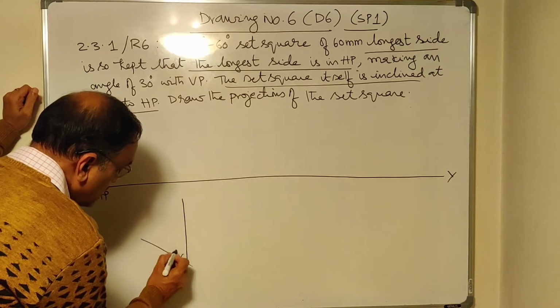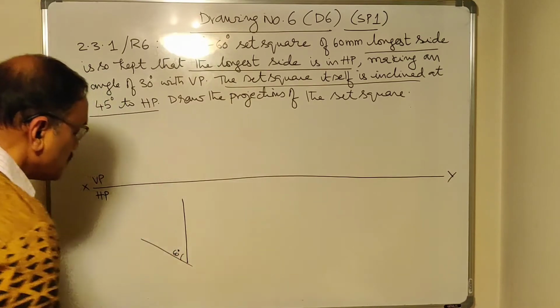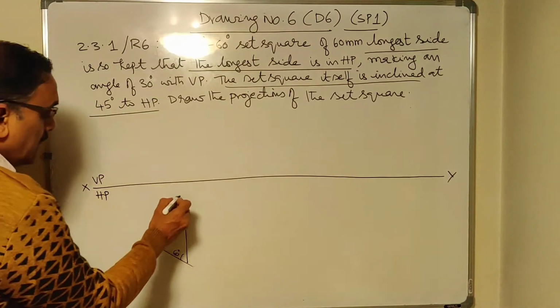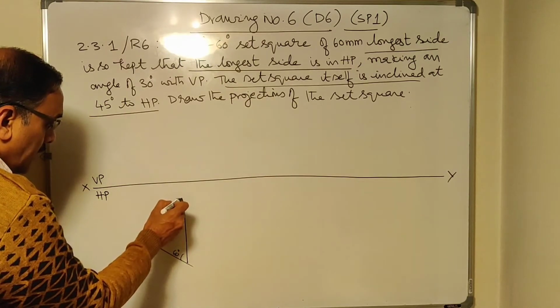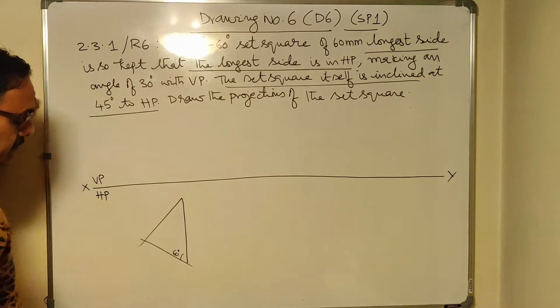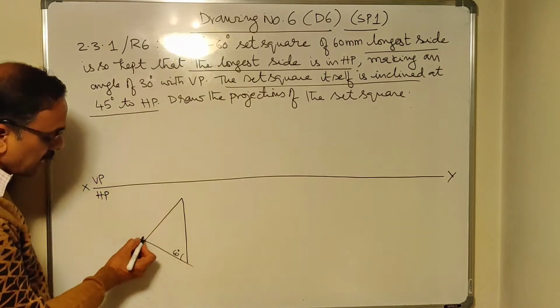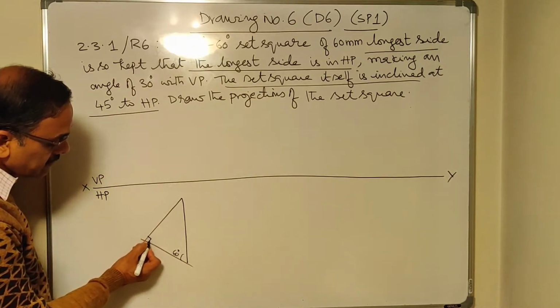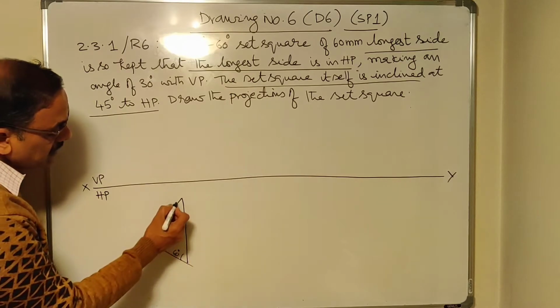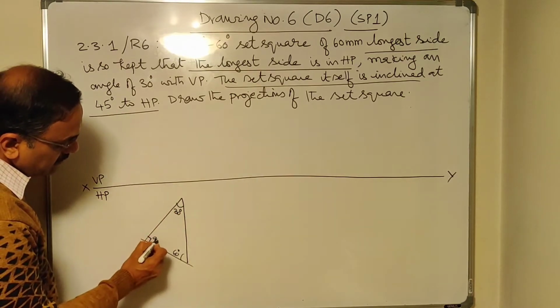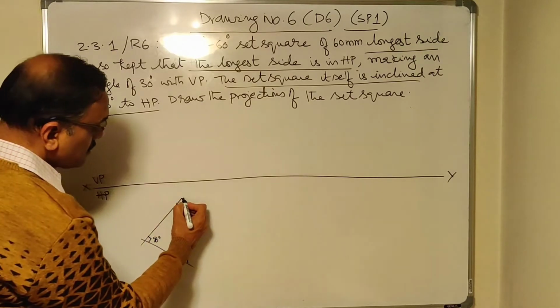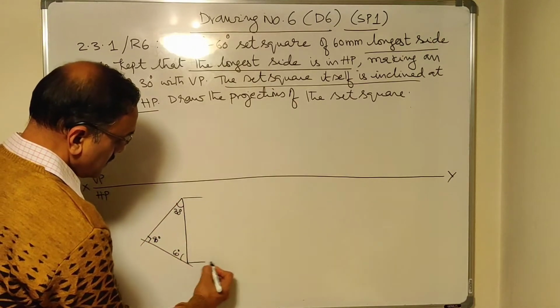This angle is 60. Some length, you can choose any length. And go here. Now here you take an angle of 30 degrees and draw another line. Wherever they intersect, this angle will be automatically 90. This is 30. This will be 90. And this dimension is given to you, which is 60.